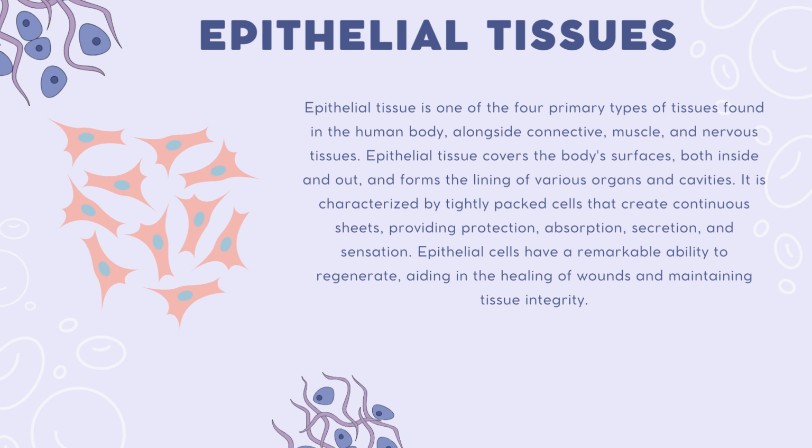Cavities just means an opening. It is characterized by tightly packed cells that create continuous sheets, providing protection, absorption, secretion, and sensation. Epithelial cells have a remarkable ability to regenerate, aiding in the healing of wounds and maintaining tissue integrity.